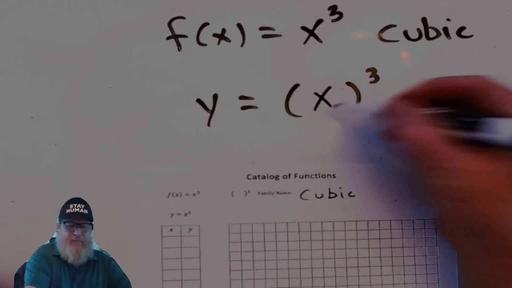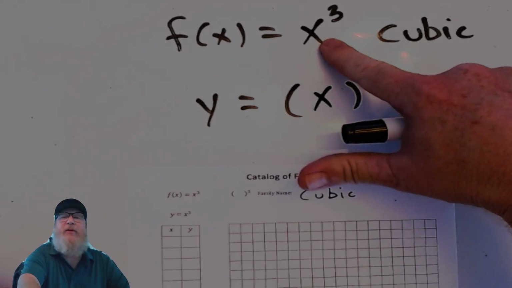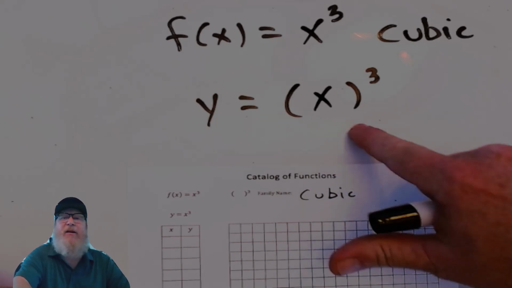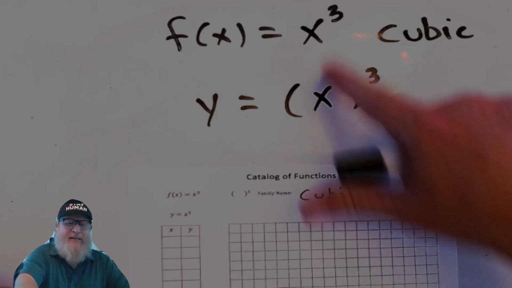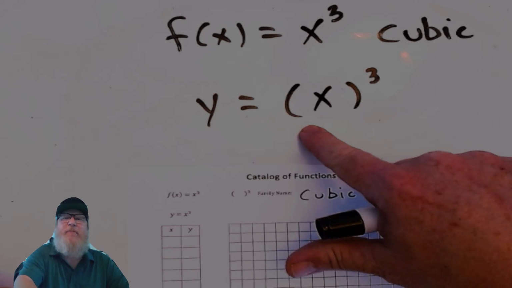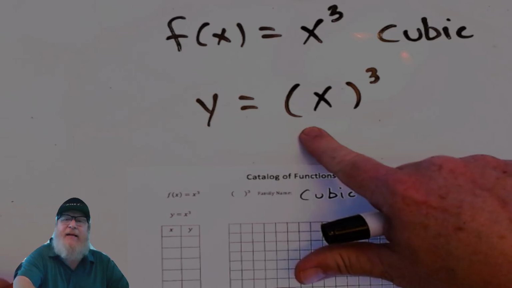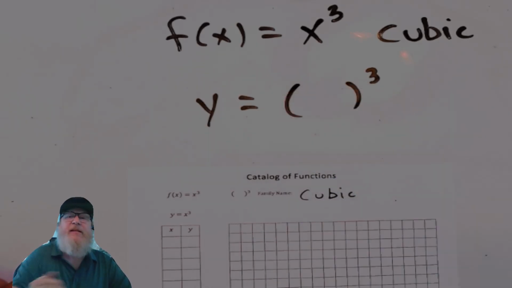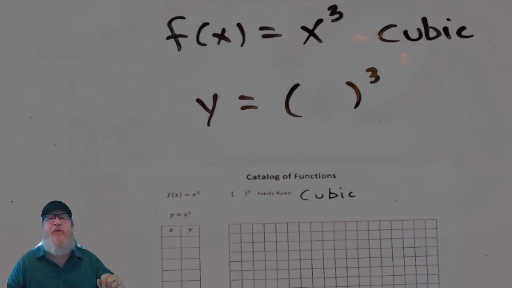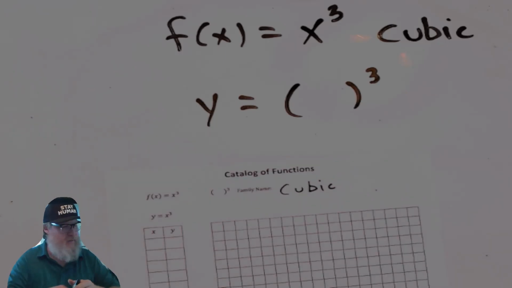And again, you don't see the parentheses in the original problem, but they're there. Yeah, the x is surrounded by a set of parentheses, even if you don't see them. They're implied. We're going to remove the x, and we're going to plug in numbers for x, just like we've been doing for all of these.